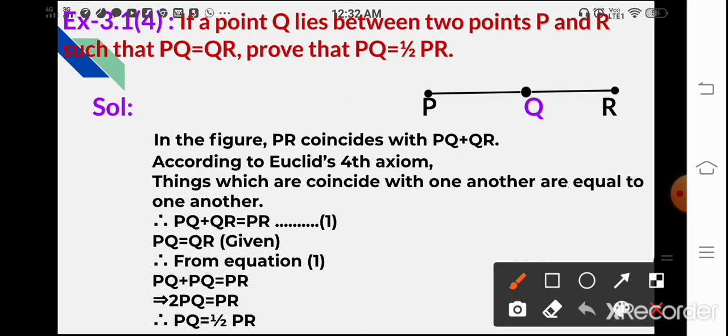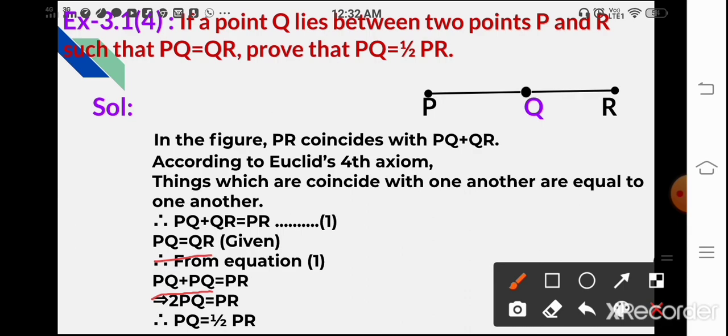From the question, it is given that PQ equals QR. Therefore, from equation 1, PQ plus QR can be written as PQ plus PQ because PQ equals QR. It equals PR.